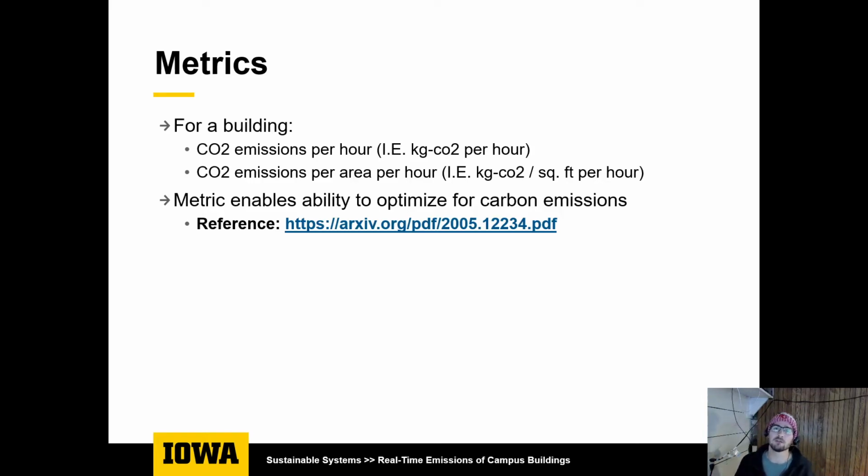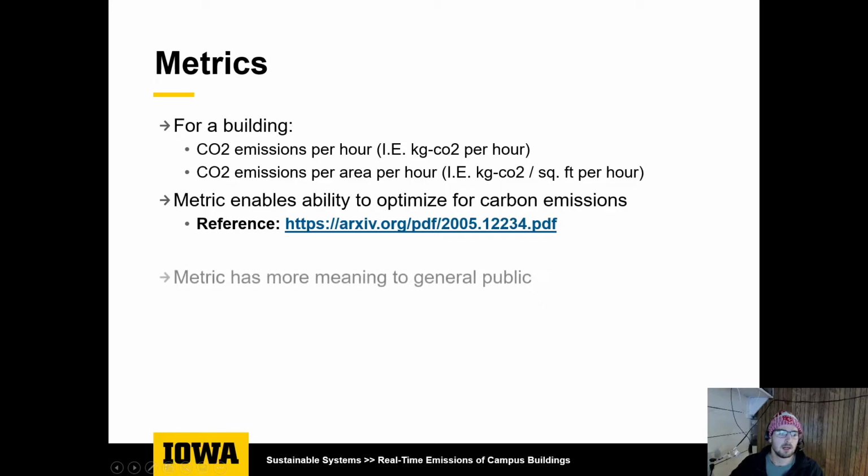Because if a building is using a lot of energy, but using it very intelligently and considering the fuel mix of its energy resources, it could use a lot of energy but not emit a lot of carbon. That's the carbon first approach, and essentially the metric empowers us to optimize for carbon emissions rather than for energy efficiency or cost or some other metric.